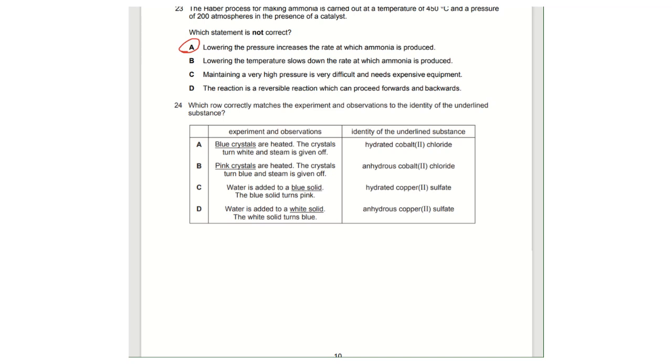Anhydrous copper sulfate. Pink crystal is hydrated. Water is added to blue solid. The blue solid turns pink. Hydrated copper sulfate. Water is added to white solid. The white solid turns blue. Anhydrous copper sulfate. So choice is D.